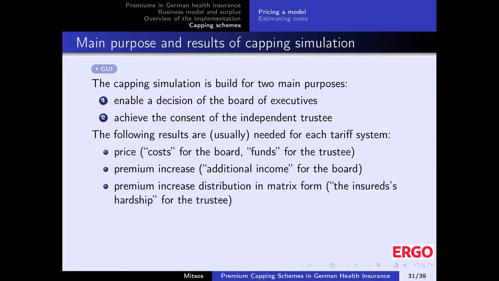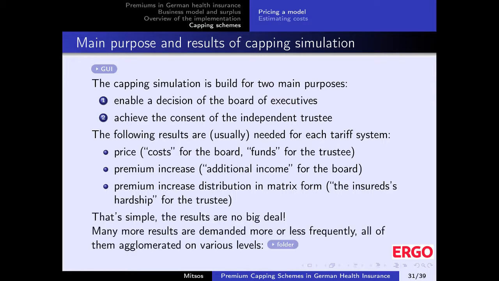We always need some results like the cost, the price of the model, the premium increase, how much we earn, and the trustee is always interested in the increased distribution in the matrix form, so you can see how many people have 110% increase.